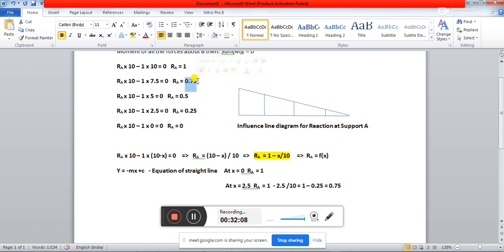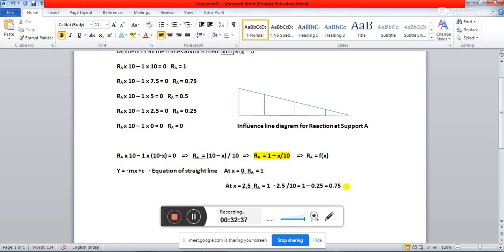Are you getting it? So see, using this equation of a straight line, you should be able to find out the influence of this unit load because of its change in position on the beam, and how the quantity of reaction will vary because of the movement of this load. If you go further, you are going to get exactly the values.